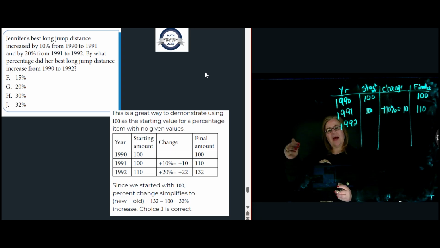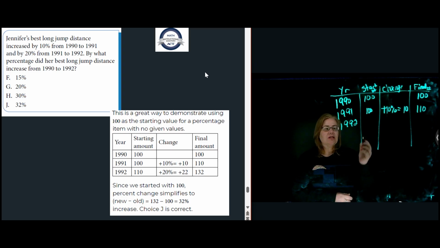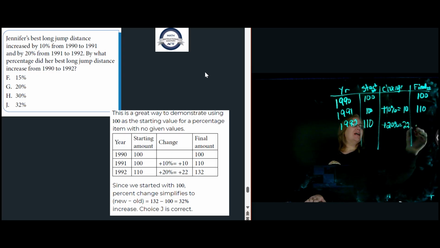So then it says from 91 to 92, she increased 20%. So in 92, she started with 110. She's adding 20%, which is the same thing as adding what? Do that. 20% of 110 is 22. So then 110 plus 22, she's going to end up with 132.